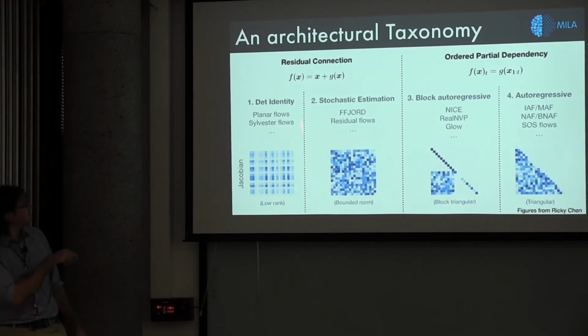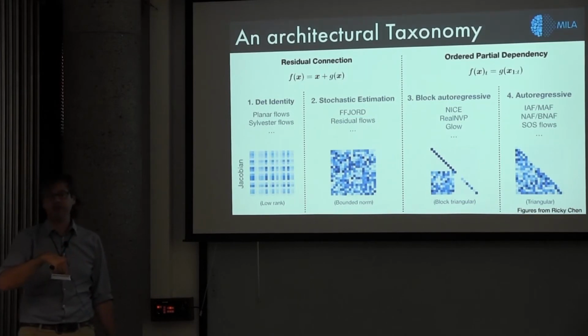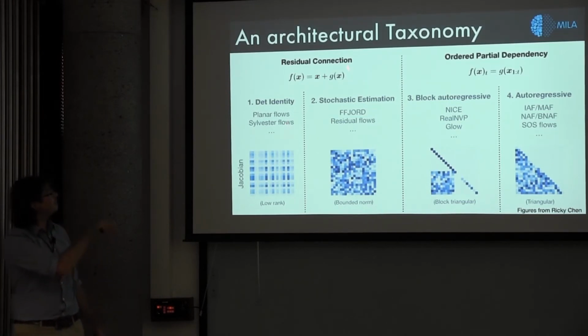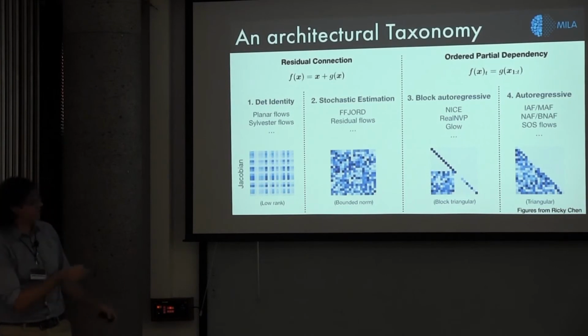I'm going to focus on this one right here, where the strategy is essentially to use a residual connection. We're going to modify f of x as just being x plus some low rank perturbation of it. We can use this to ensure invertibility, and if this is low rank enough, then that change of variables determinant is relatively straightforward to compute. And then on this side, we have these partial orderings.